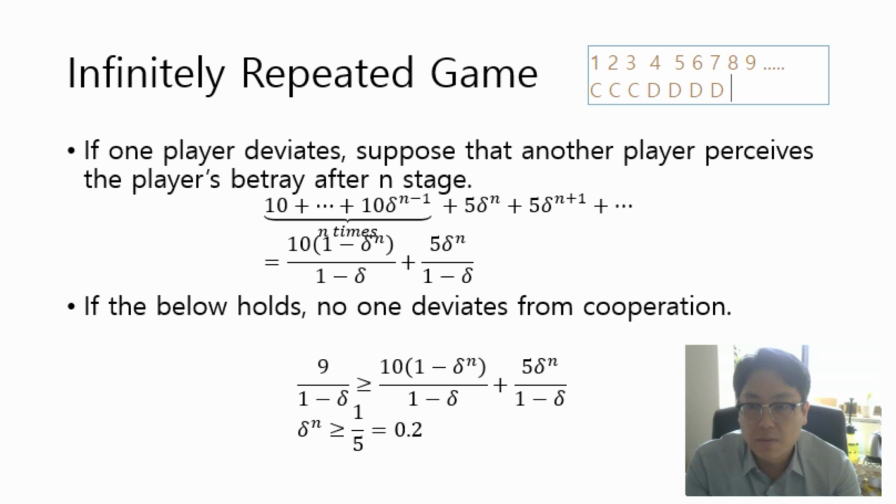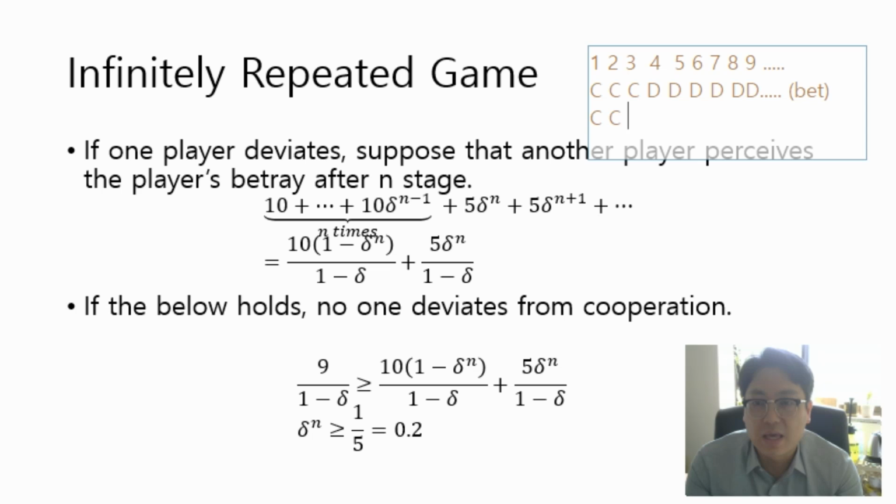Okay, and think about it. This player is the betrayed player. All the players put C and C and C. At the moment of the betrayal, the other player does not know that, so they keep playing C. Maybe after two times, the first term is passed, the second term is passed.